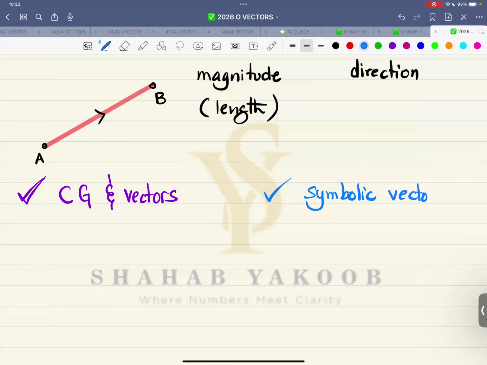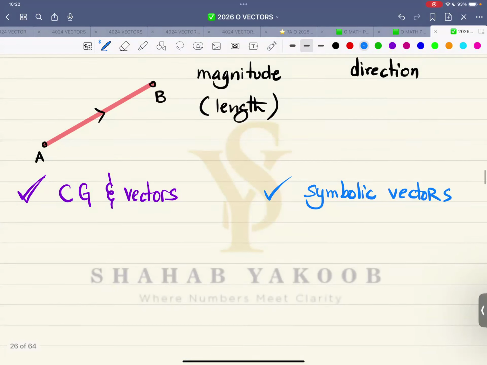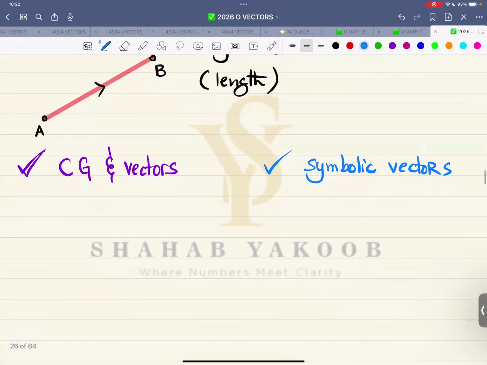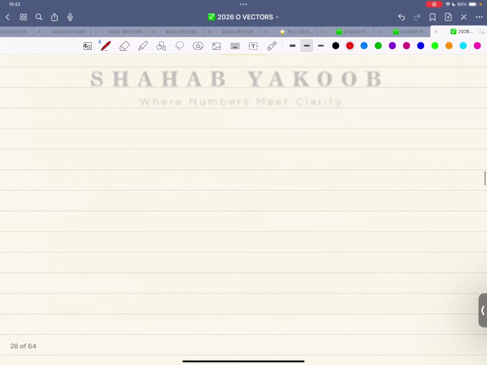So there would be coordinate geometry and vectors, and there would be symbolic vectors. Let's get started with coordinate geometry and vectors first, and then we will move to symbolic vectors.